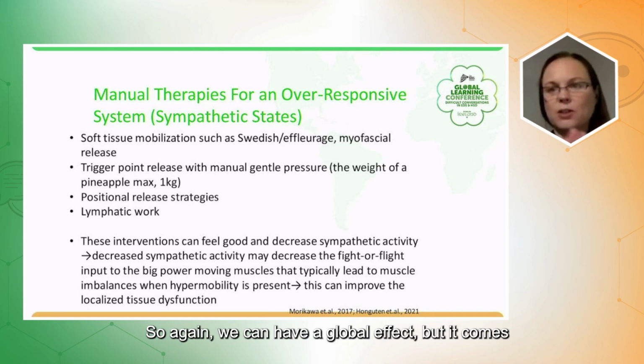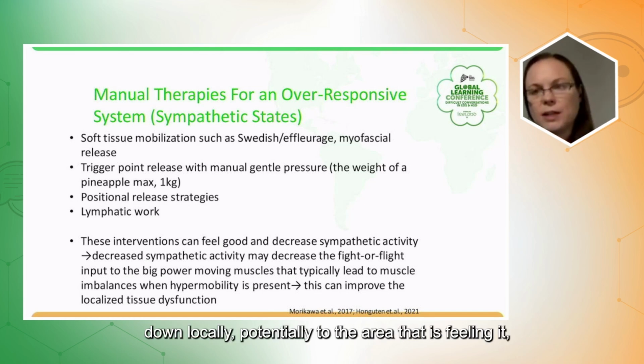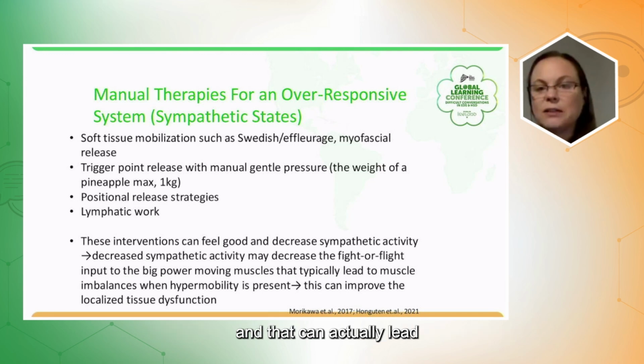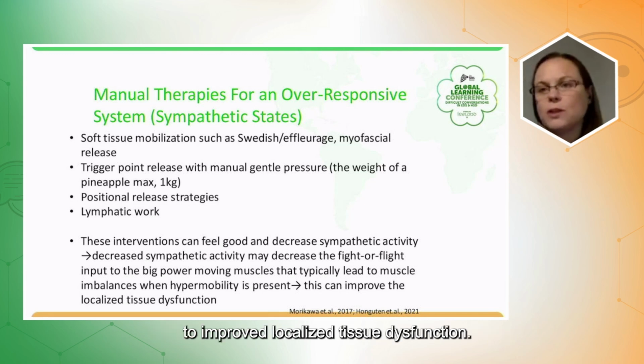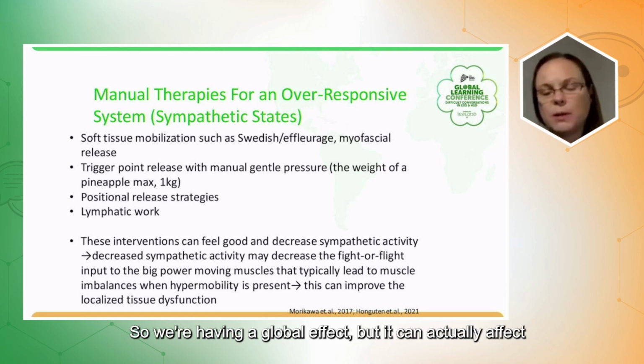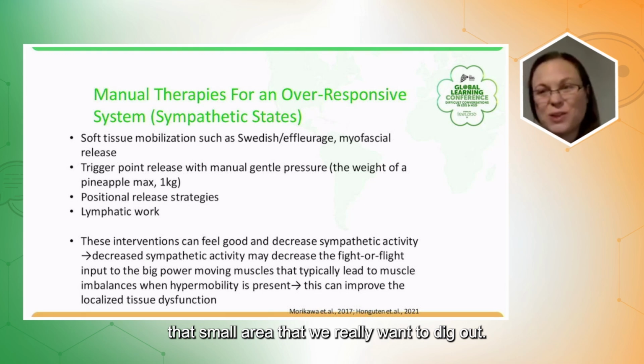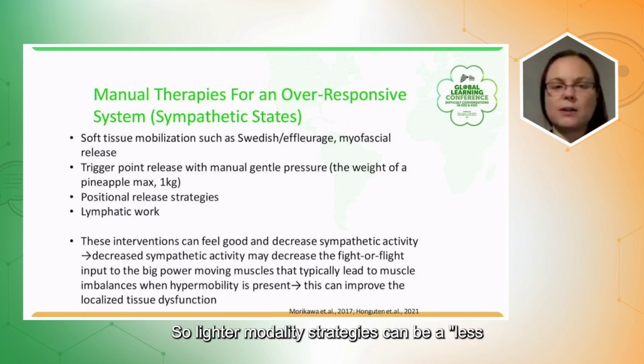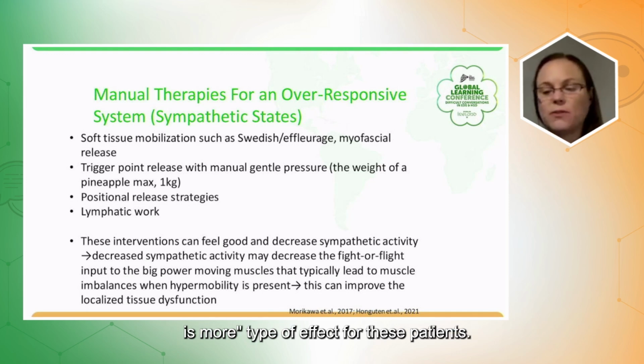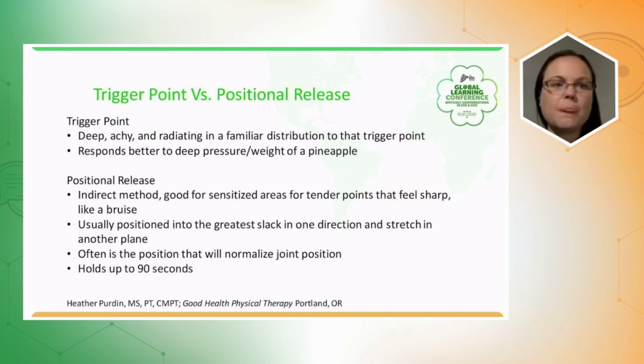So we can have a global effect that comes down locally to the area that is feeling it, and that can lead to improved localized tissue dysfunction. So lighter modality strategies can be a less is more type of effect for these patients.